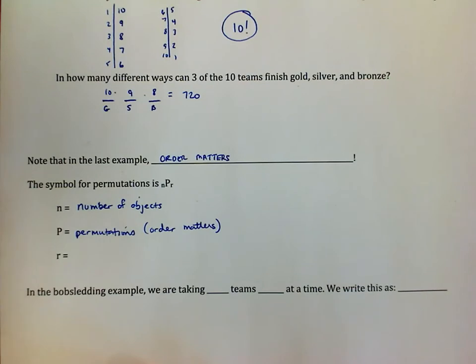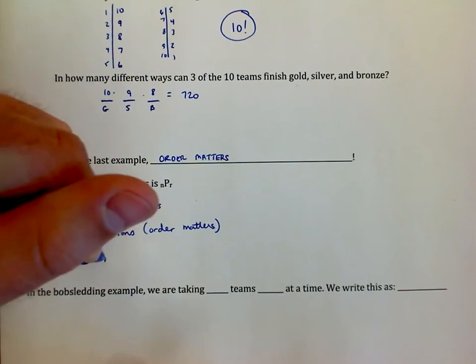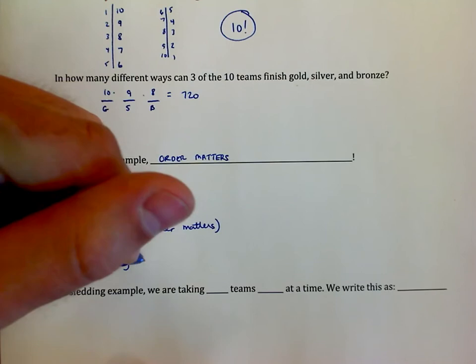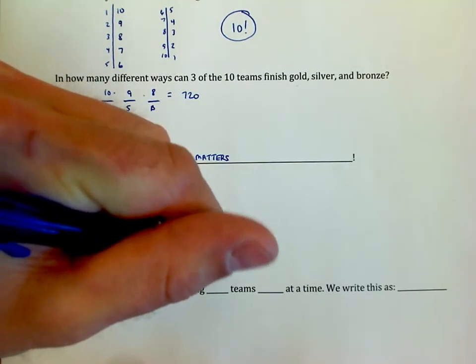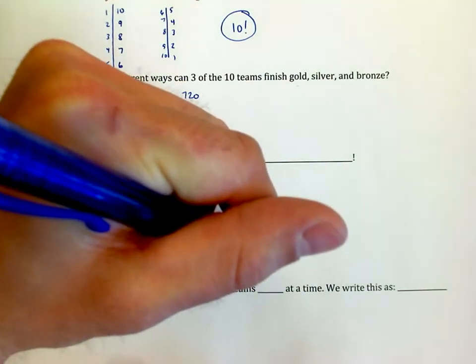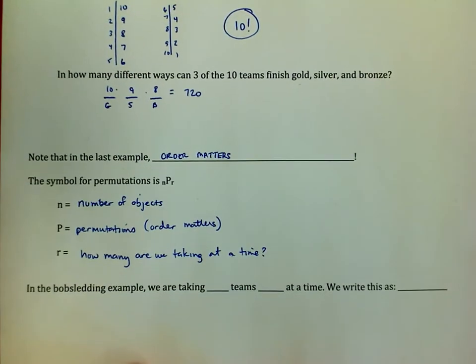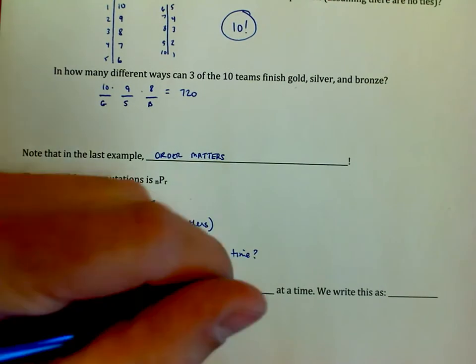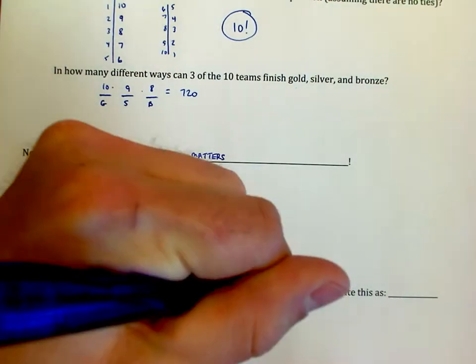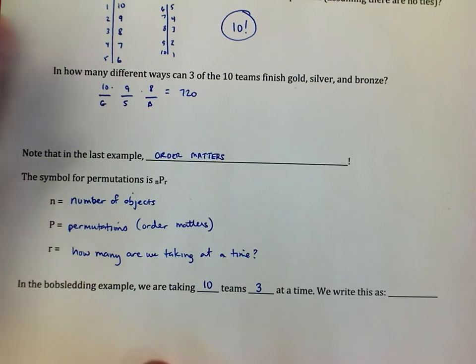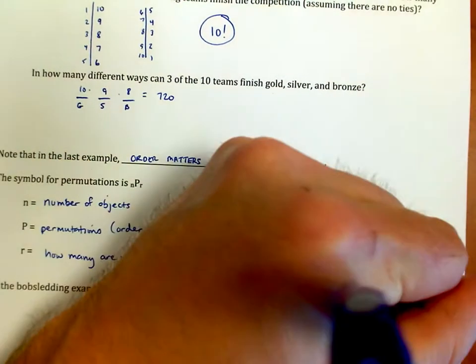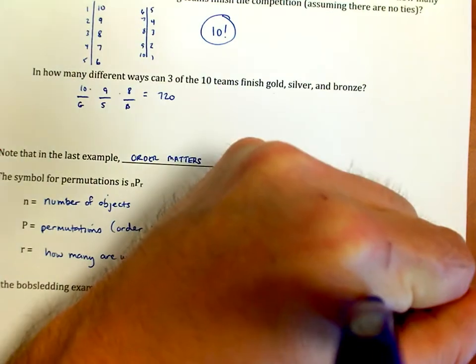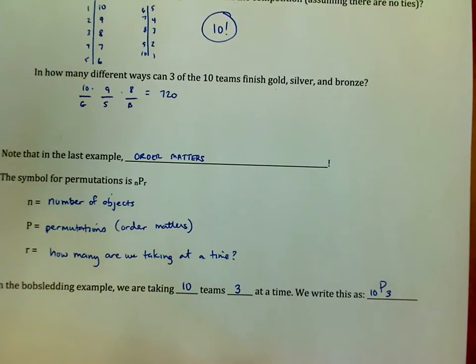We don't care who's in the group or who's first in the group. r means how many of those objects are we taking at a time? So in the bobsledding example, we had 10 teams, and we're going to take 3 of those teams at a time because we're interested in the top 3 positions. So we would write this as nPr: 10 teams, permutations, order matters, taken 3 at a time.